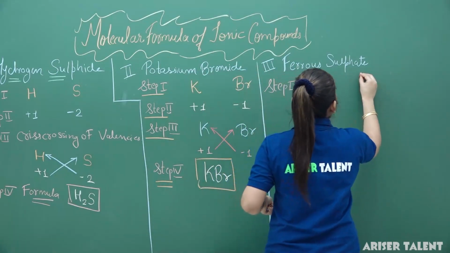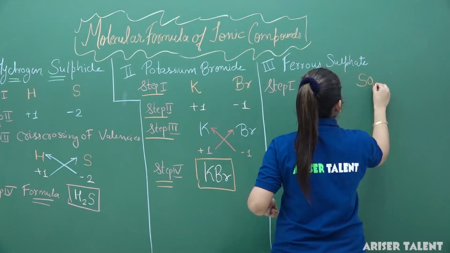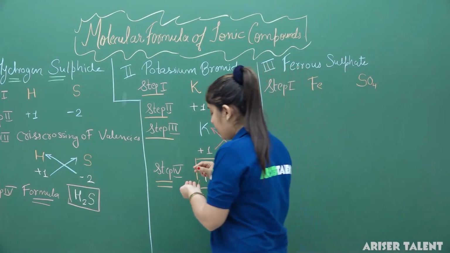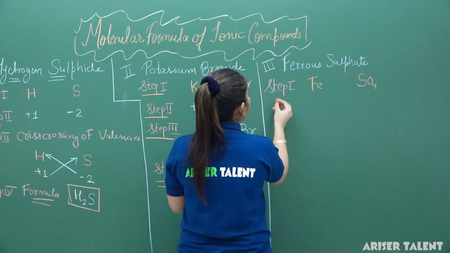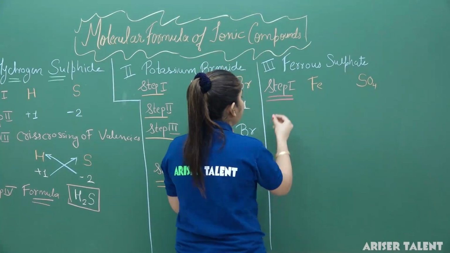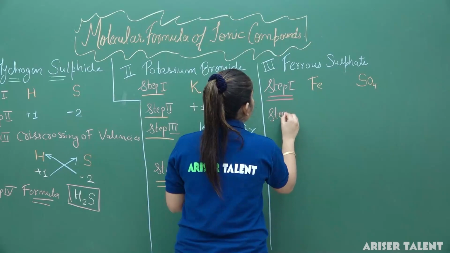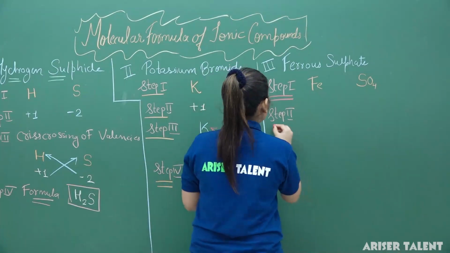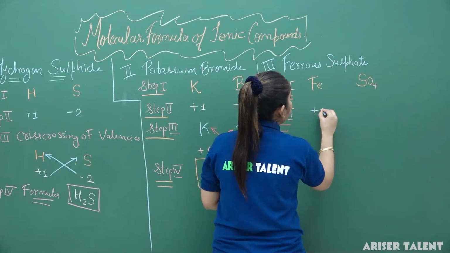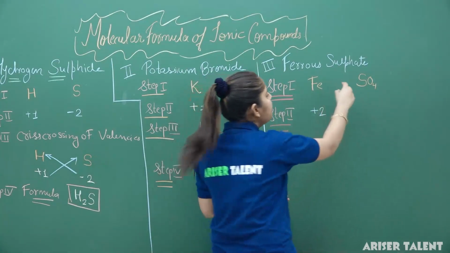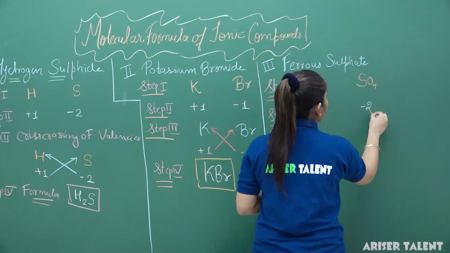And for sulfate we have the symbol SO4. In step number 2, we will write the valencies of the corresponding atoms. For ferrous we have a valency of +2, and for sulfate we have a valency of -2.